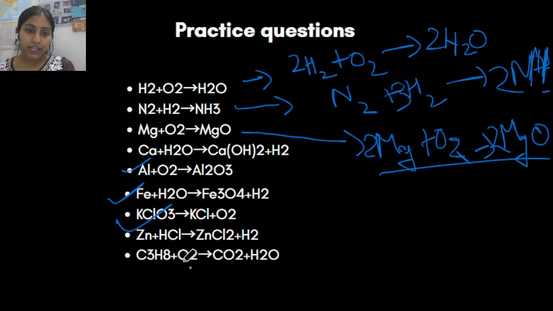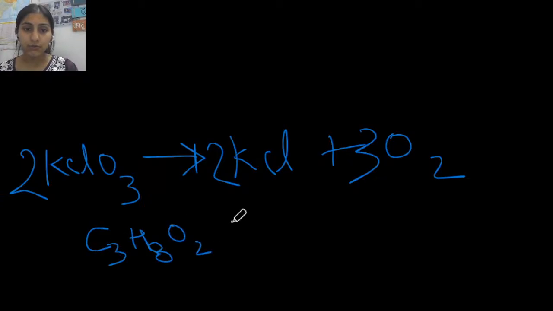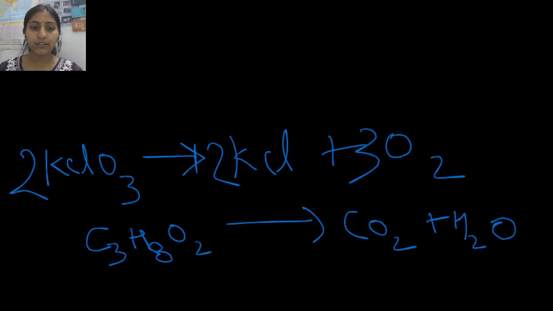Then the next reaction is C3H8 plus O2 gives CO2 plus H2O. So C: three atoms, one atom. So we'll write C3H8 plus O2 gives CO2 plus H2O. Right?